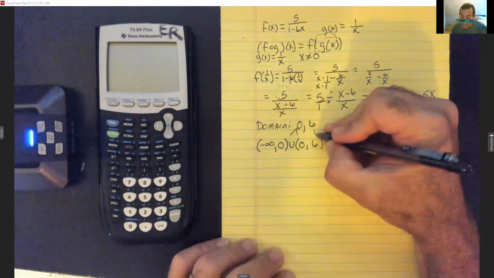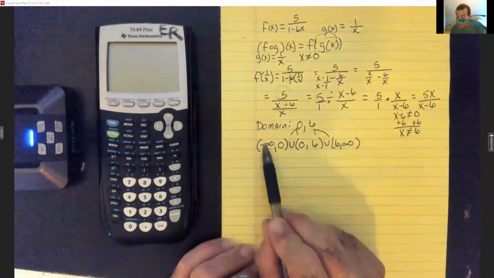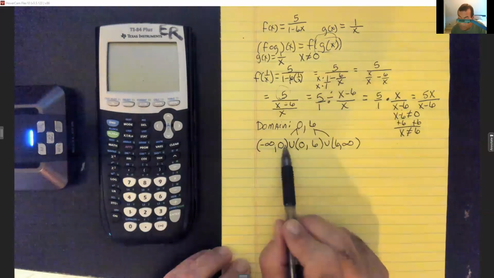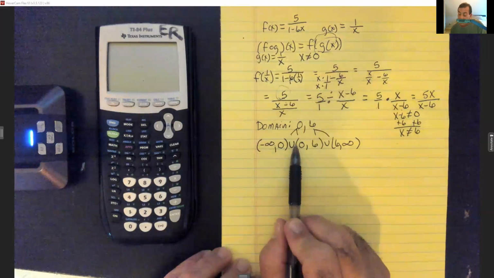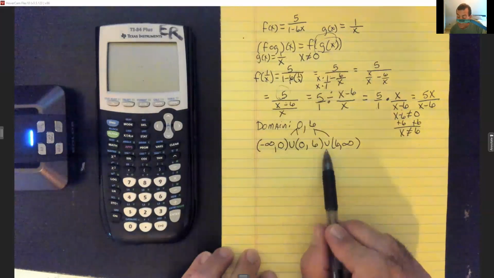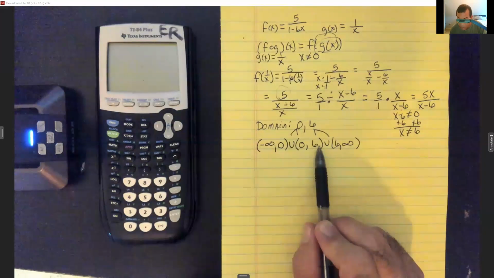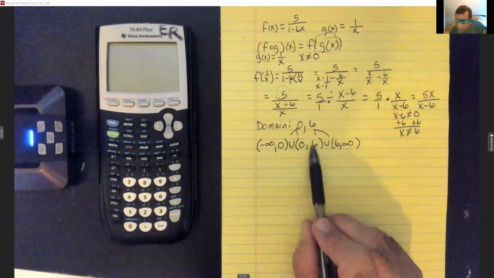So this tells me from negative infinity to 0, all those numbers worked, except for the 0 now. I'm kicking it out. From that 0 to that positive 6, all those numbers worked. 1, 2, 3, 4, 5, all those will work. But it cannot be 6, so I got a union around that 6.